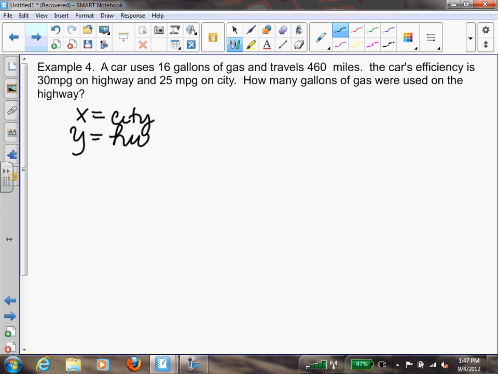Okay. So would you agree that we're going city and highway miles and that we're traveling a total of 460 miles? But I don't get the same gas mileage on each one, right? So would you agree that maybe to make this easier, if I let X, what does my X plus Y have to equal?